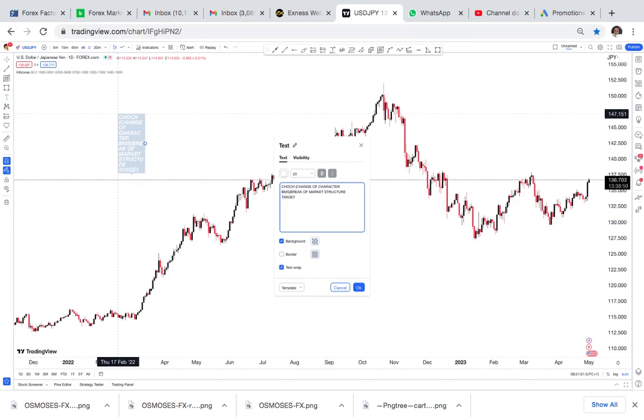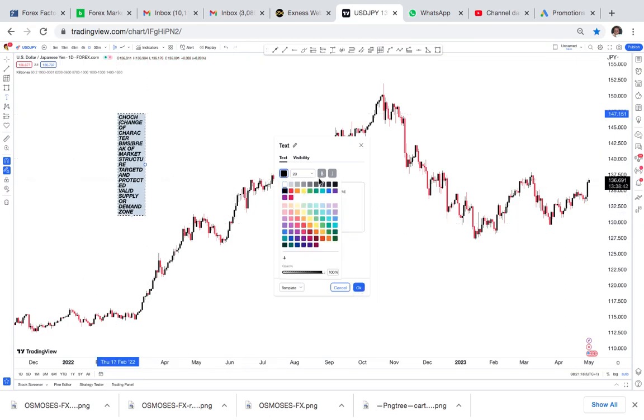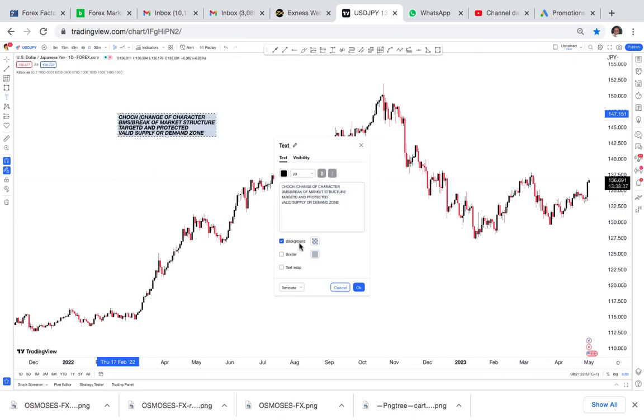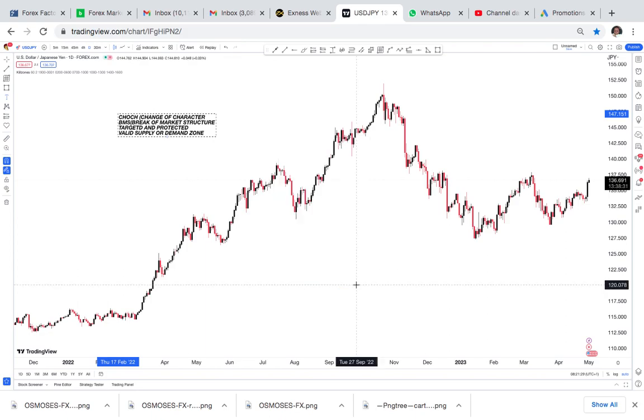Targeted and protected. Then valid supply or demand zone. Okay, I want this to be in black, and the background in white. Okay, so these are the highlights.